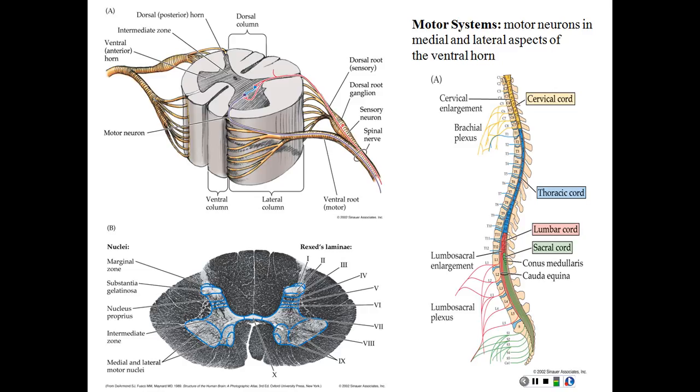Just to remind ourselves that when we're thinking about the hand, we're talking about the cervical spinal cord. When you're thinking about the leg and the foot, you're thinking about the lumbosacral spinal cord. And in between, you don't really have a heck of a lot going on, right? You just have the little intercostals, right? So if you think about the spinal cord itself, you get these terms referred to as the cervical and lumbosacral enlargements.